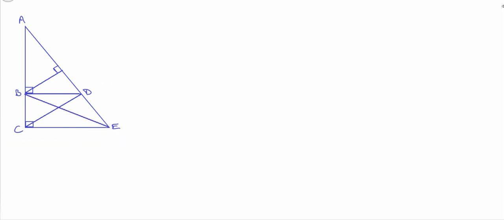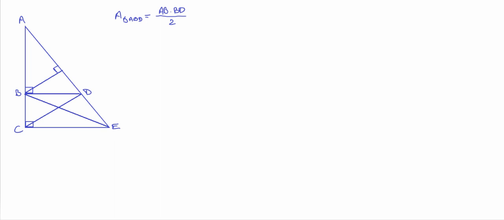Now let's calculate the area of the triangle ABD. The area of the triangle ABD is going to be equal to, if I choose the base to be AB, then multiplied by the height is going to be BD divided by 2.